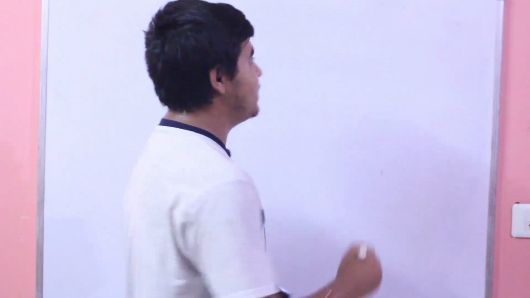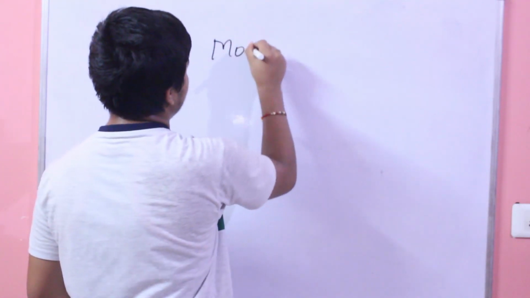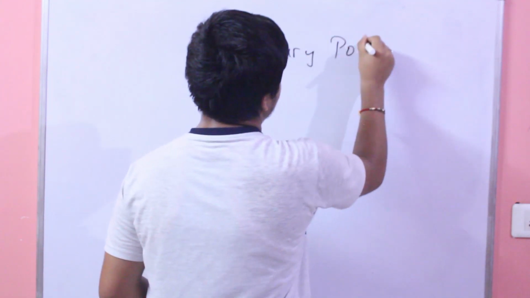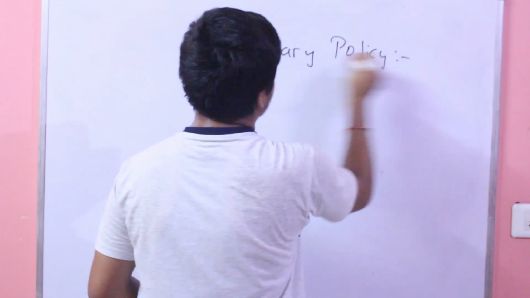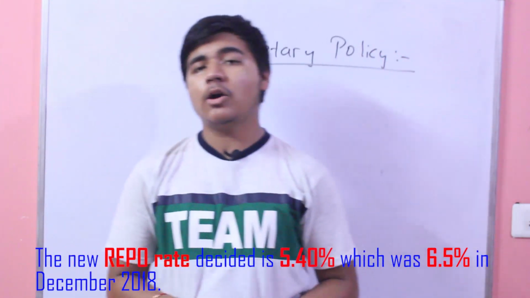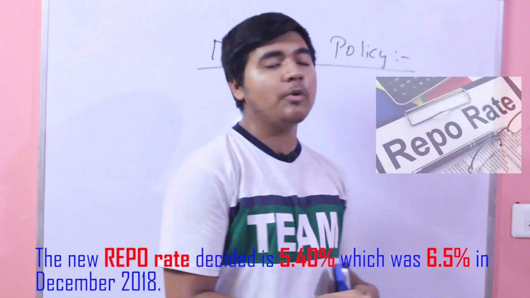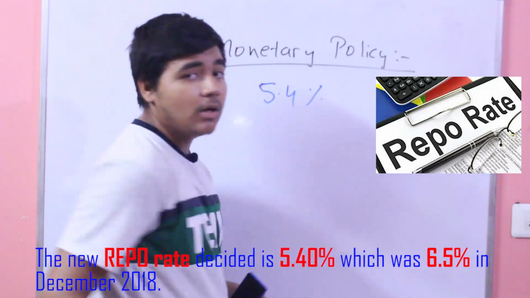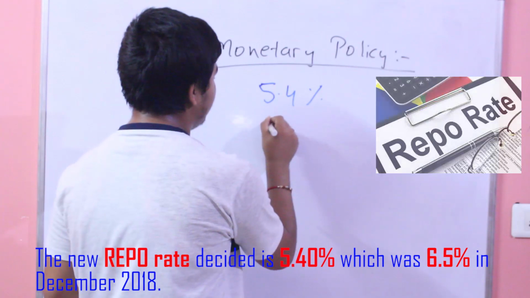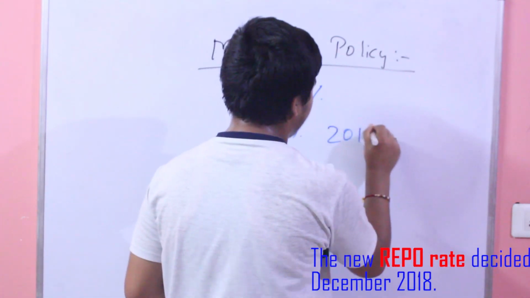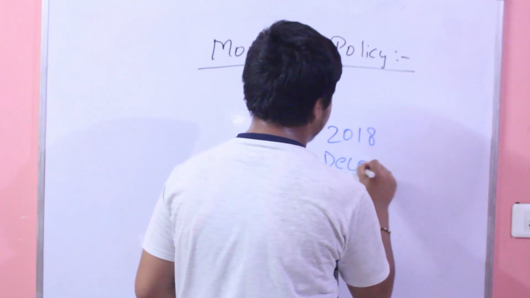The topic of today's video is the new monetary policy released by RBI. See, the repo rate according to this new monetary policy will be 5.4%, which was 6.5% in December 2018.